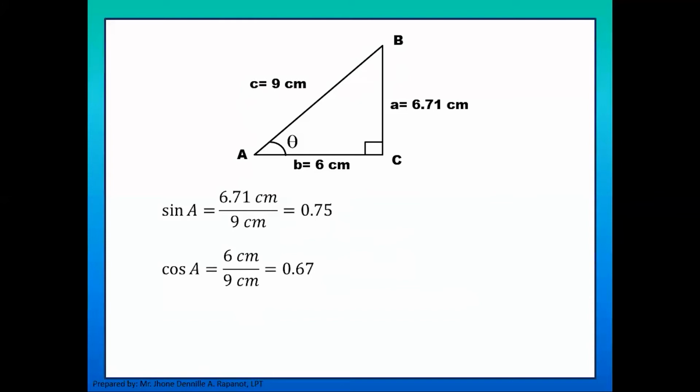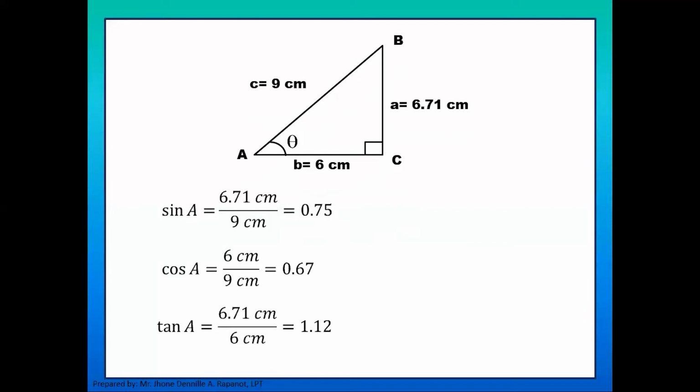So divide that, we have 0.67. Now for tangent A, with respect to the position of the angle theta, that is opposite over adjacent, A over B. The value of A is 6.71 centimeters. The value of B is 6 centimeters. So divide that, we have 1.12.